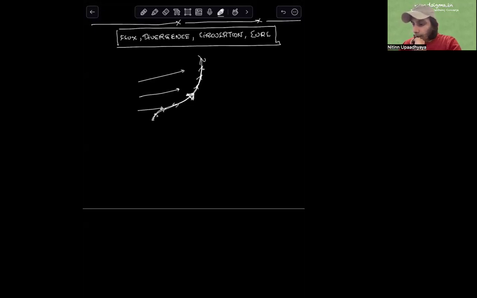And I'm going to make this idea a little more specific, what I mean by a fluid flowing across this path. Now, let's say you focus your attention on this tiny segment of the path right here. Now, if this is the arrow that we've made, then along this particular segment, the tangent to the curve is perhaps pointing in this direction. So this is a tangent, which means the tangent lies along the path.